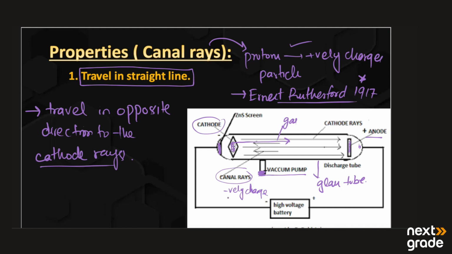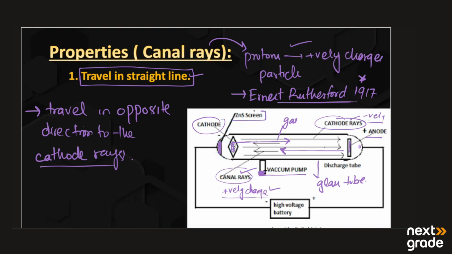Along with the negatively charged cathode rays, scientists also observed some rays originating from the opposite side of the cathode, traveling in the opposite direction to the cathode rays, and these are named canal rays. Canal rays are positively charged and cathode rays are negatively charged. They found that they travel in a straight line when they placed a zinc sulfide screen at the end.